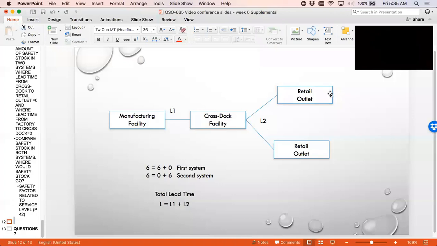Now, one thing that they don't cover in the problem is the variation in demand. If you want to address the variation in demand in your answer, that's great. I'd love to see it. But if you want, you can just deal with the variables that are given to you.